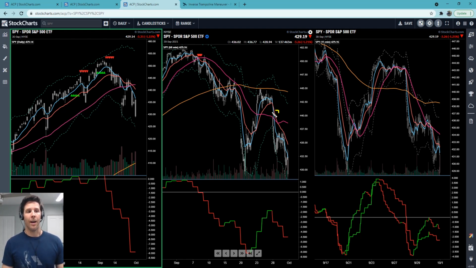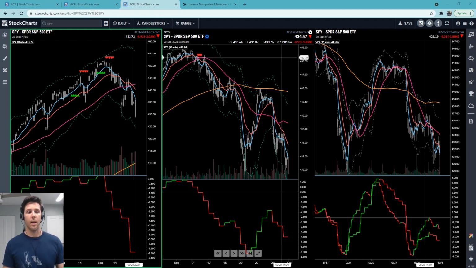I even said that I'm not sure the hourly 50 is going to be support, and sure enough, earlier this week, I think it was Monday, price pretty much just opened right at the hourly 50 and then just kept going down. So all of this has really been what we've been expecting from the market, and that's good news for us as we're able to take advantage of that.